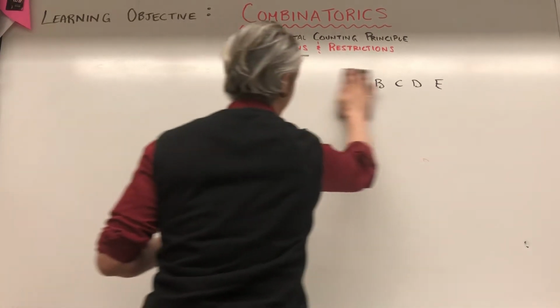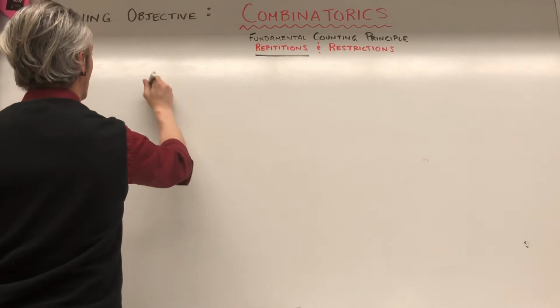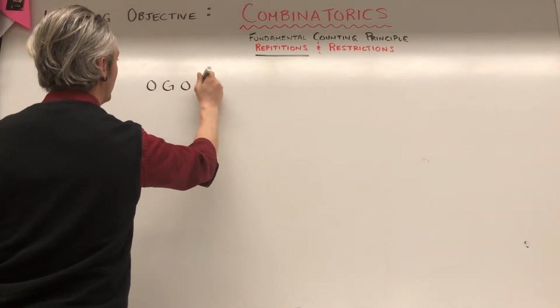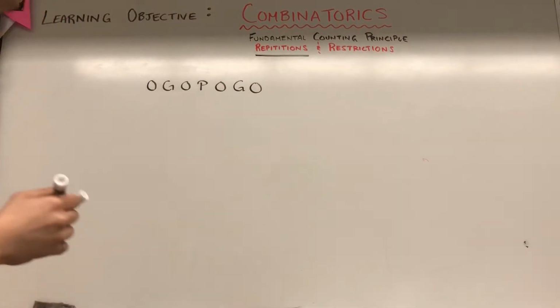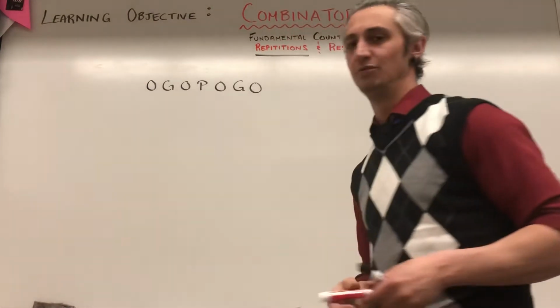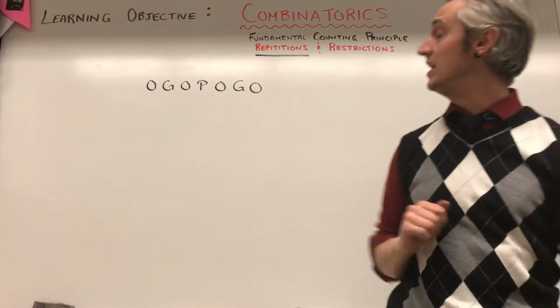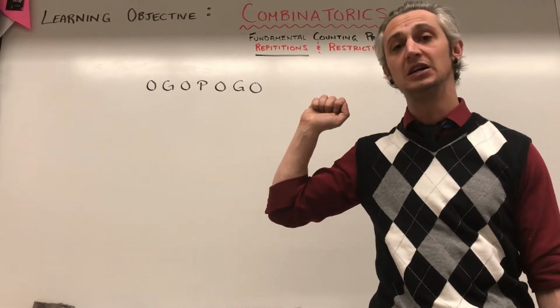Repetitions is really just knowing the formula. So what if I had the word ogopogo? I love mysticism. I love the idea of things being out there which we cannot explain with science, so let's talk about the ogopogo. How many different ways can I arrange the letters in ogopogo to get unique combinations?